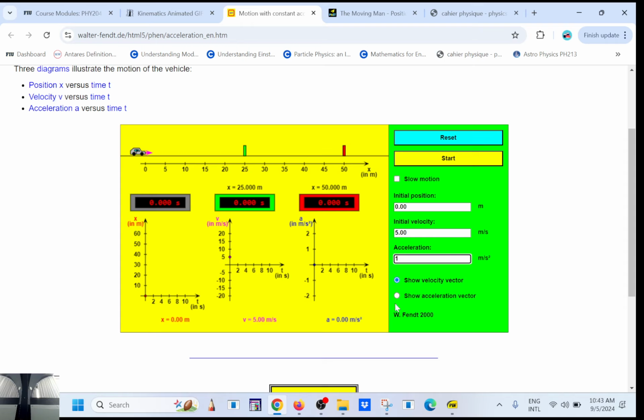Okay? Can you think in your head what you expect for the acceleration, which means the rate at which the velocity is changing, how fast you are going faster, and what should you expect for the position? Parabola for the position. What about for the velocity?